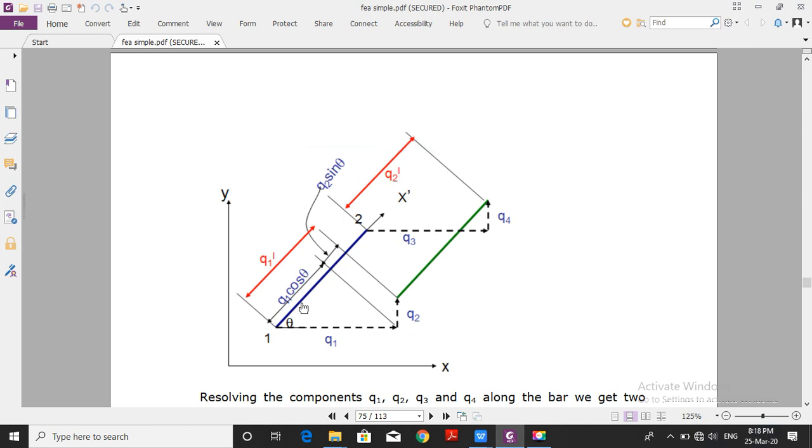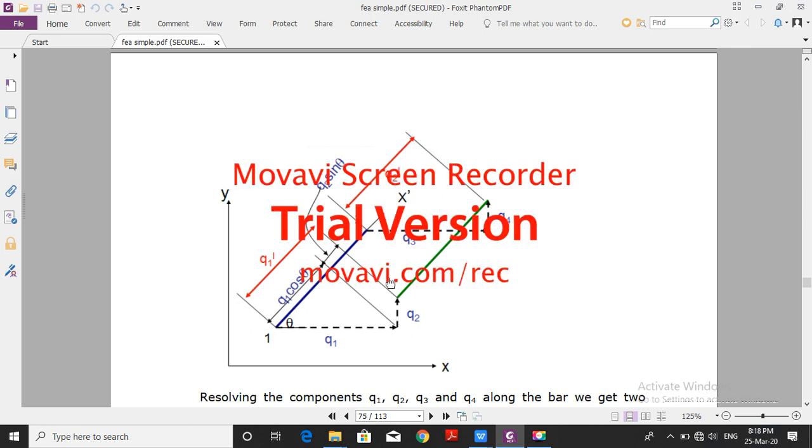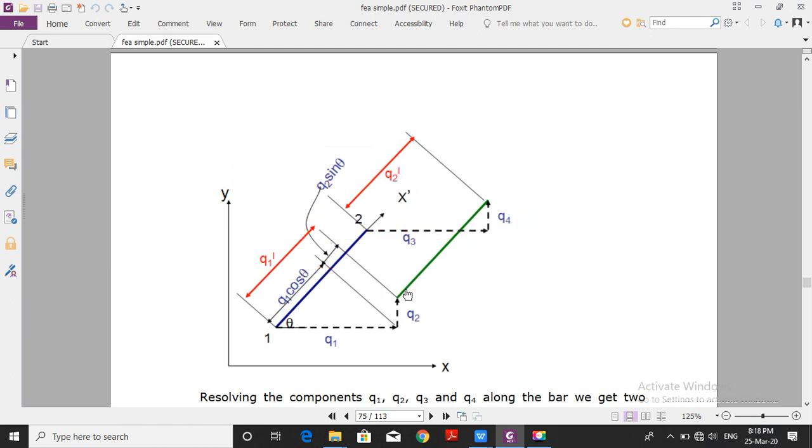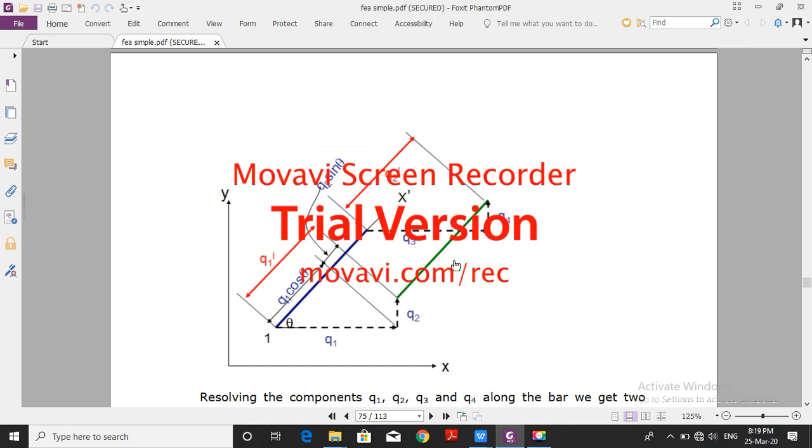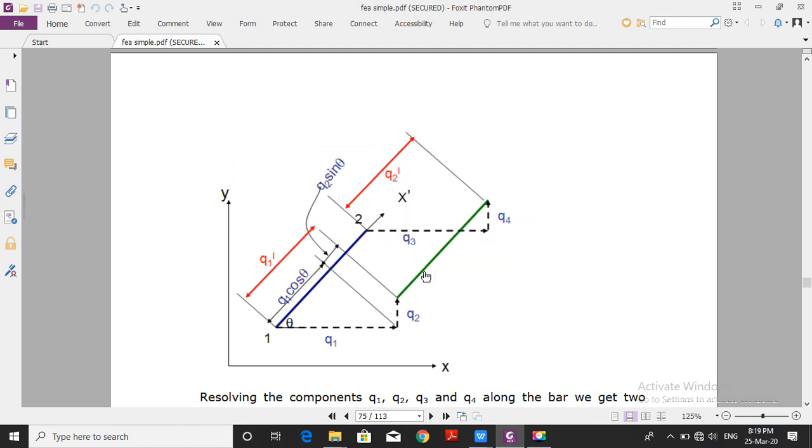If it is translated, after deflection the new position of that element may be at this position. We have taken some deflection q1 and q2, q1 in x direction and q2 in y direction. The translated, or deflected, position of that element is shown in green color.